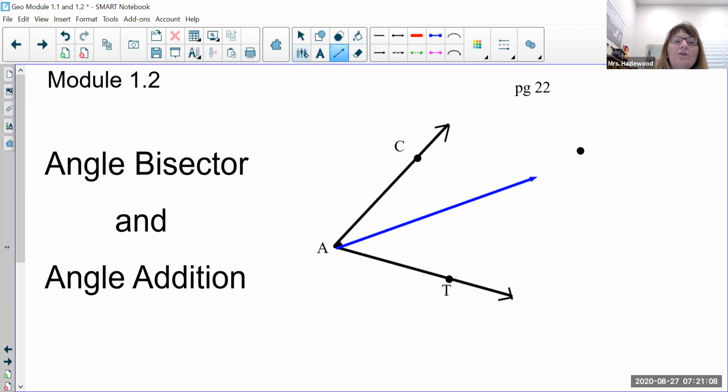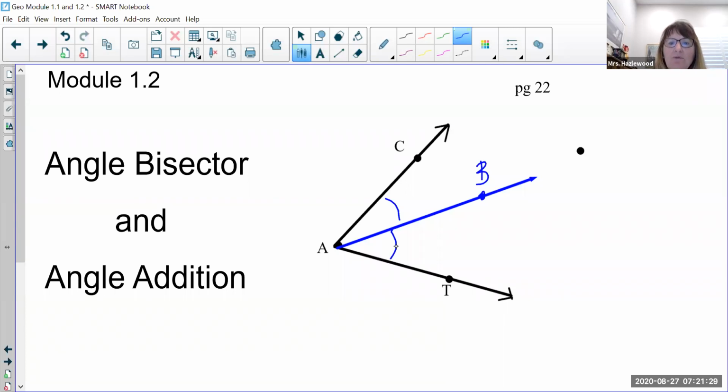So if I know, let me just put in a point here. Okay, so if I know that this is an angle bisector, it's going to be marked as congruent. So now I mark those angles as congruent.